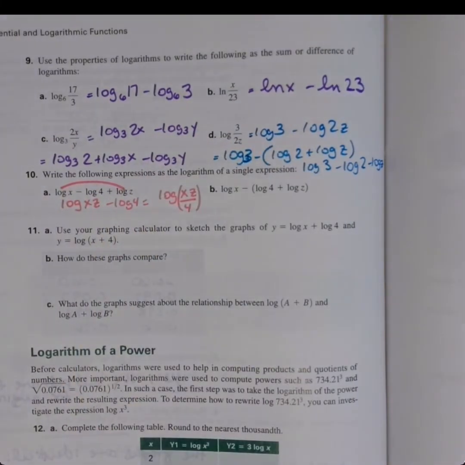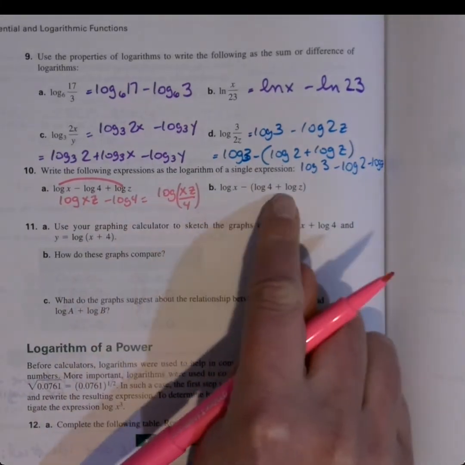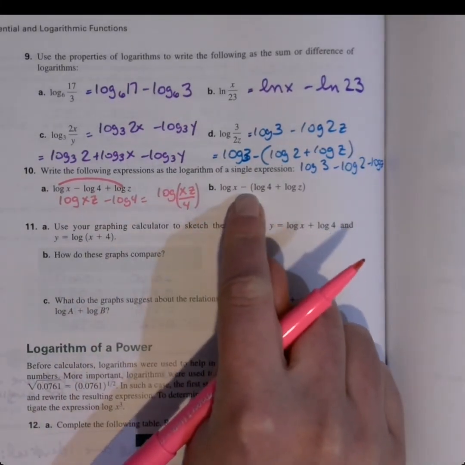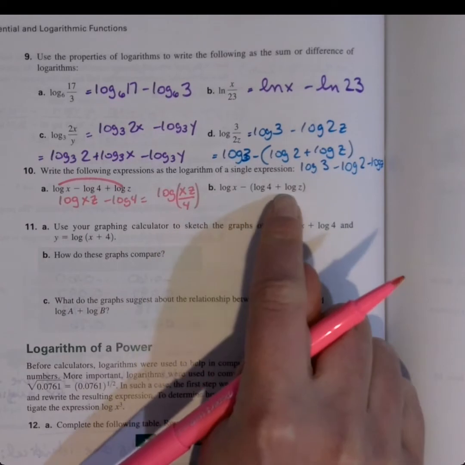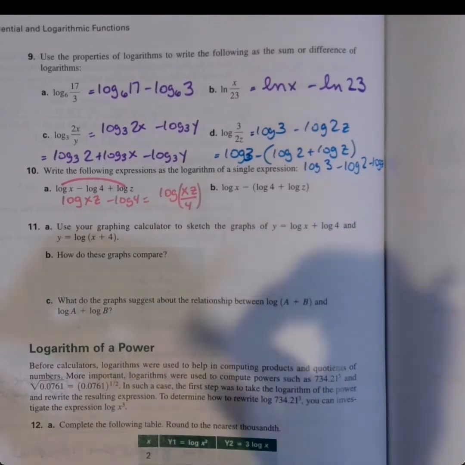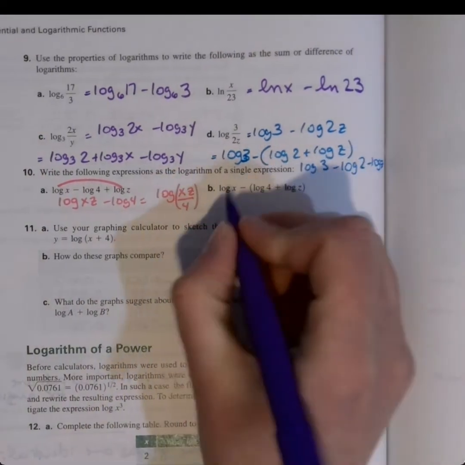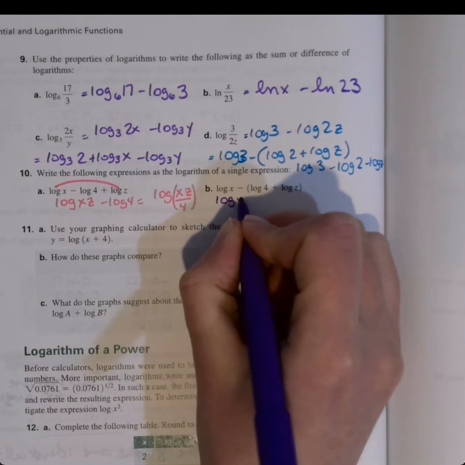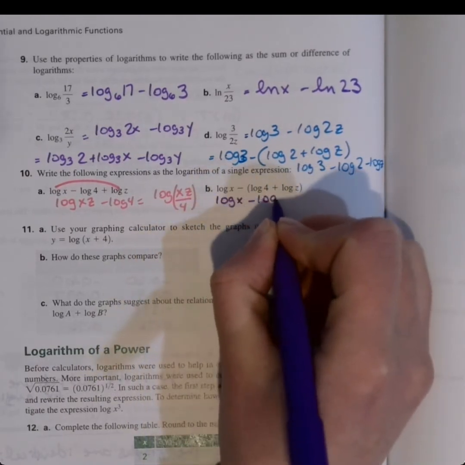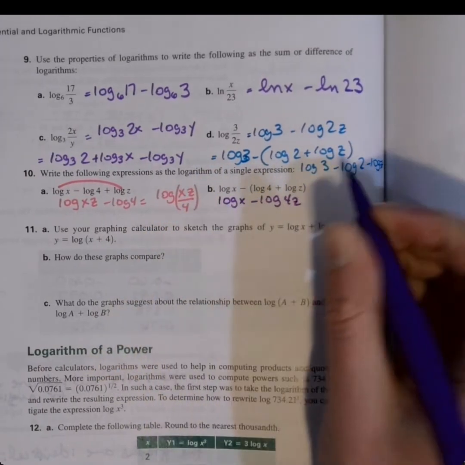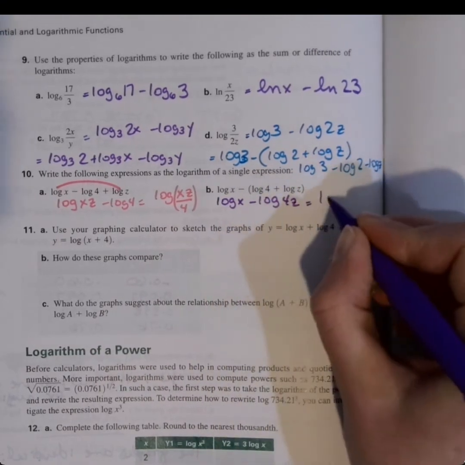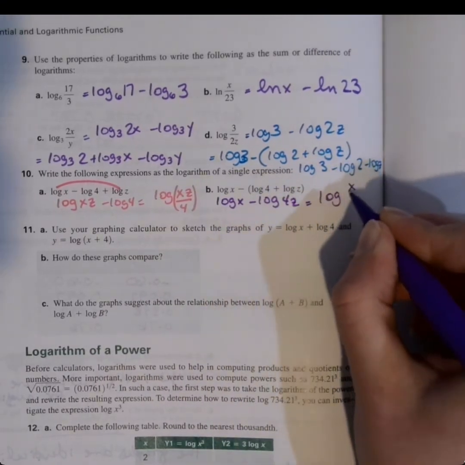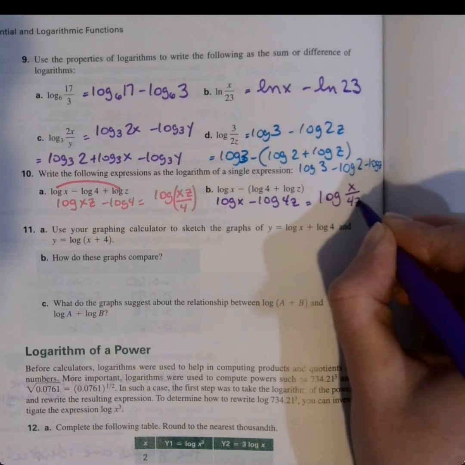And then these two that both have a negative, they didn't distribute it for us, which is fine. I'll factor it back out. They both have a negative, so those are going to come together in the bottom. Or I would have here log x minus log 4z. And so this one comes together as log x over 4z.